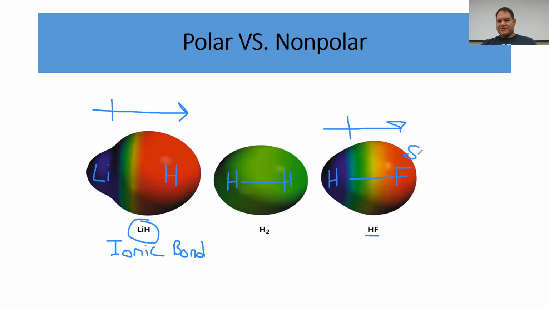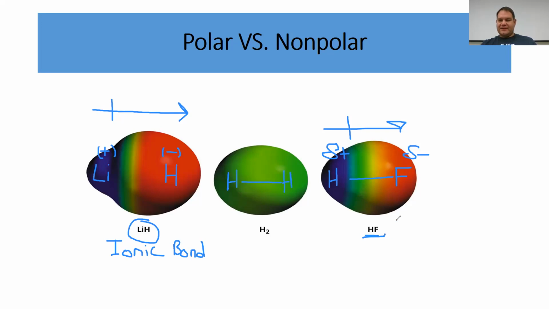And so you're going to get partially negative here and partially positive here, whereas on the lithium hydride, this is going to be a fully negative and this a fully positive charge. And so we have two ions that are attracted, the two ions between lithium and hydrogen that form the ionic bond. Whereas between hydrogen and fluorine, there is an unequal sharing, and therefore we get a partial positive and negative charge, and it becomes covalent in character and less ionic in character.